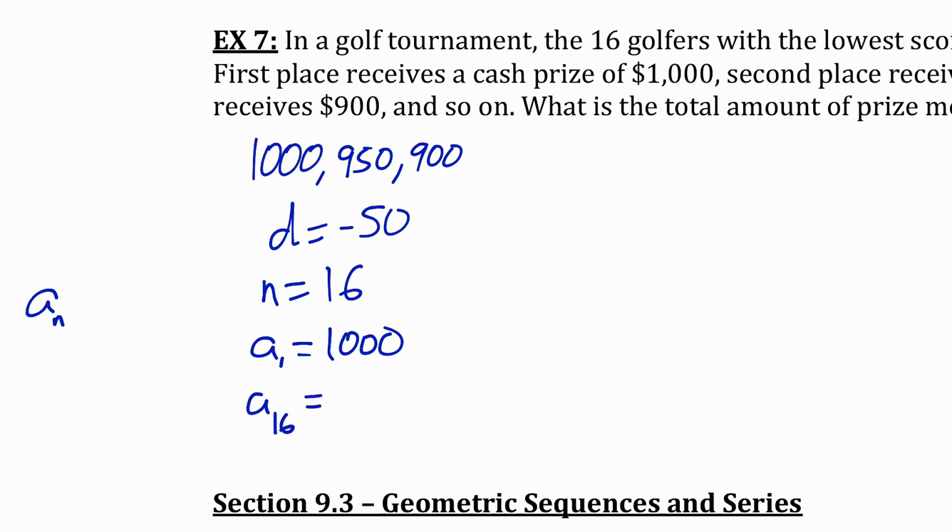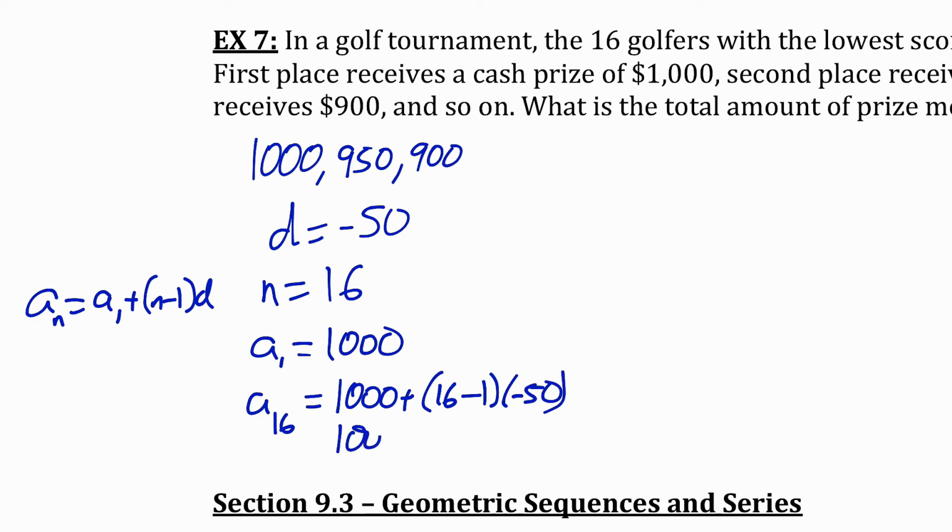Remember, a sub n equals a sub 1, your first term, plus n minus 1 times your common difference of d. We're replacing a sub n with a sub 16 because n is 16. Our first term is 1,000 plus n, in this case 16, minus 1 times our common difference of negative 50.